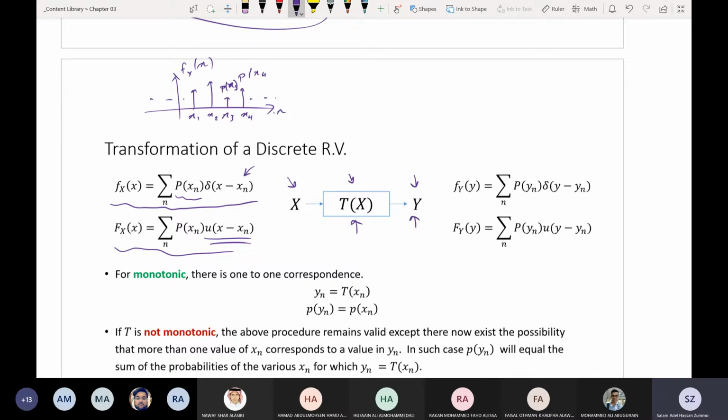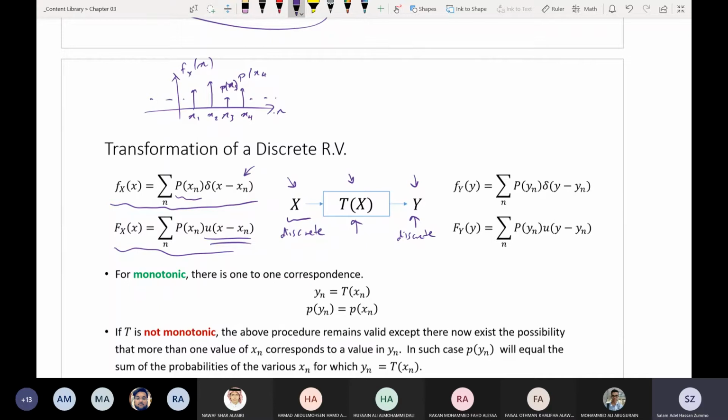I know that because X is discrete, then what would Y be? If you input a discrete random variable to any function, you will also get a discrete random variable.